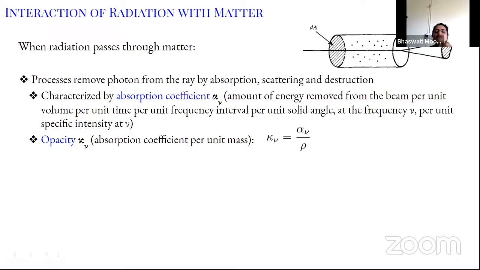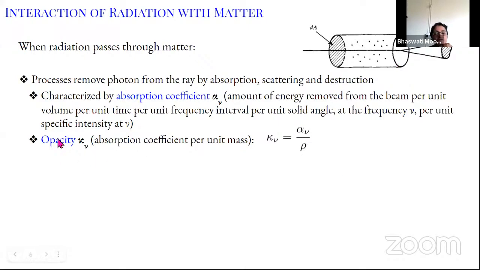It will become clearer when I write the equation why alpha nu is all of these. Now, this is about the absorptive effect of the material in between: radiation passes through this material, and what comes out on this side is what we are trying to measure.